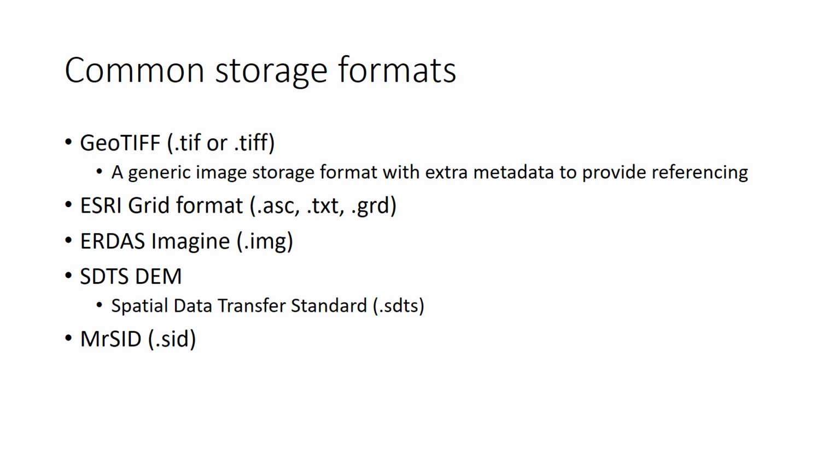Most of our common storage formats for DEMs are going to be these. So by far the most common is a GeoTIFF. This has a .tif or .tiff file extension. So this is just a generic image storage format with a little bit of extra information, metadata, providing things like referencing. The cool innovation about this technique is that we're taking a digital storage format that was developed for essentially cameras, for images, and using that to store data.